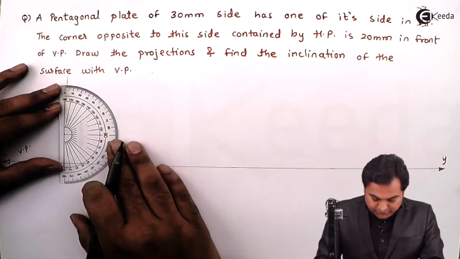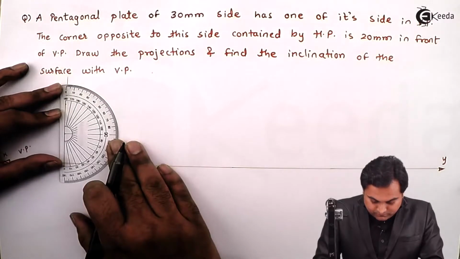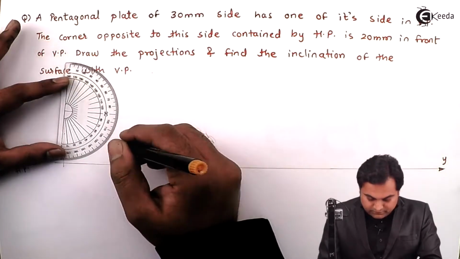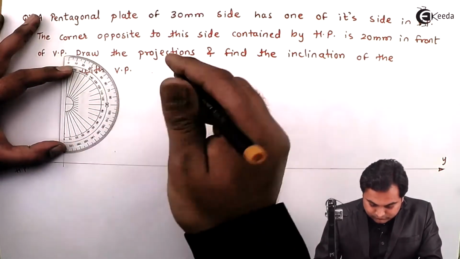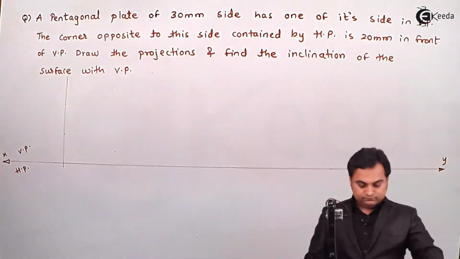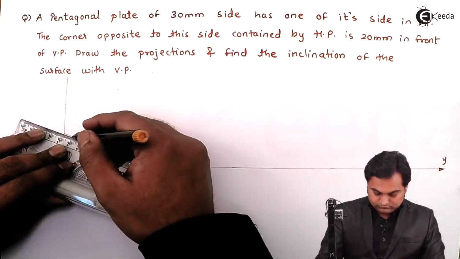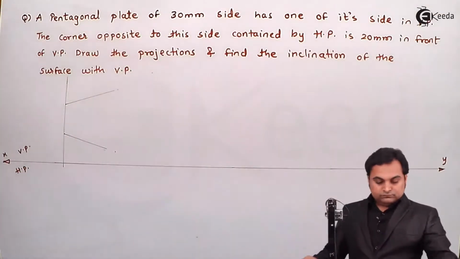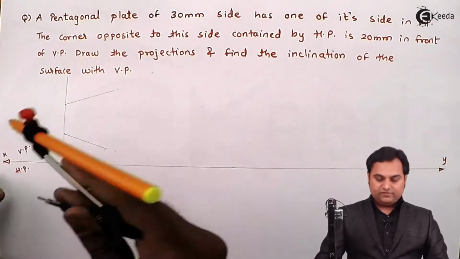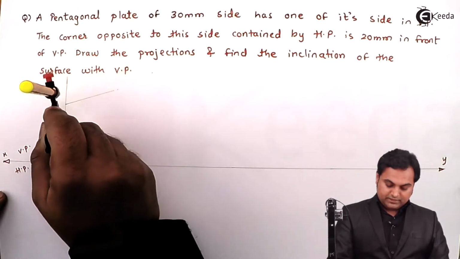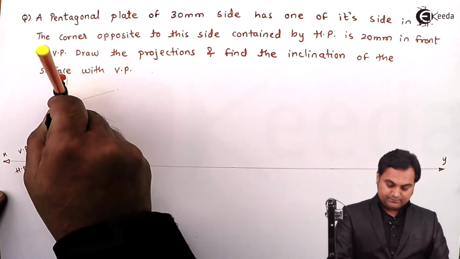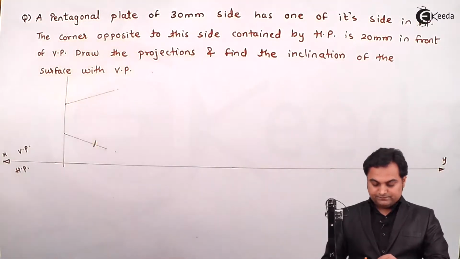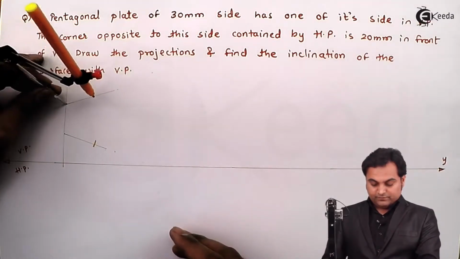measuring 72 degree from a single point here, 72 on the other side. Next, after measuring 72 degree on both sides, I'll measure this side which is 30 mm, cutting this line, even from the other side.